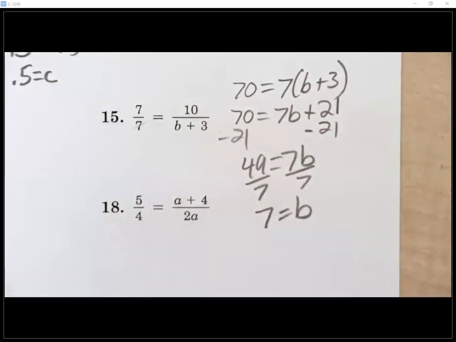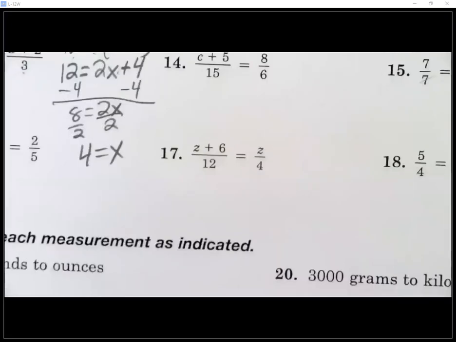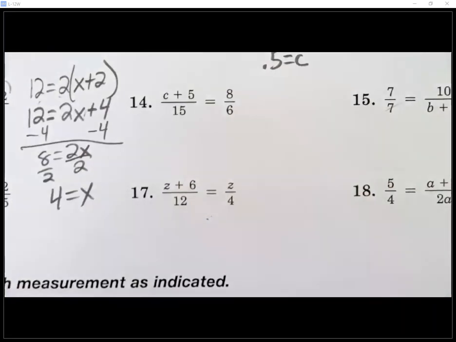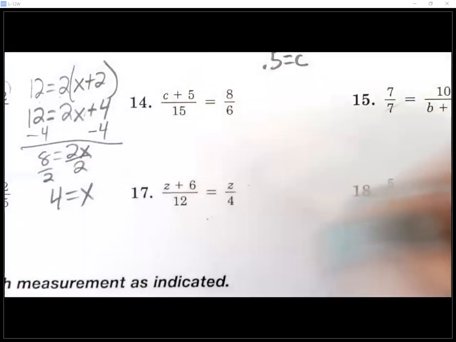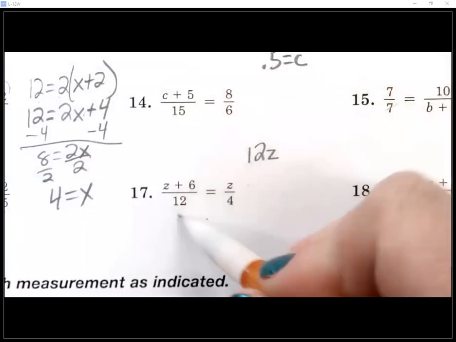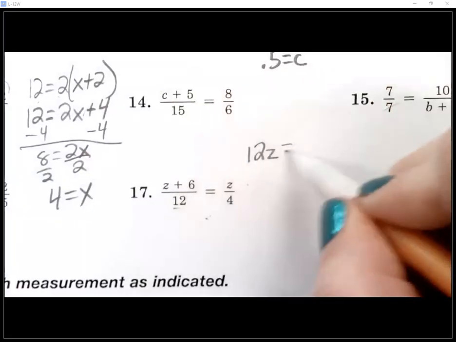And then the last of these weird binomial ones, number 17. What is your answer? John, what'd you get there? 3. Okay, I don't know the answer, so I'm gonna do it out and see if I get what you got. One side I get 12z. The other side, I'm gonna have to distribute, right?